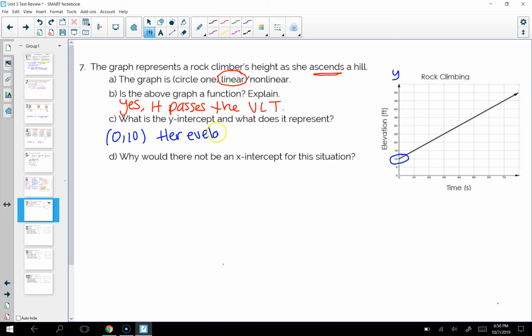Elevation, right? Is that how we spell it?